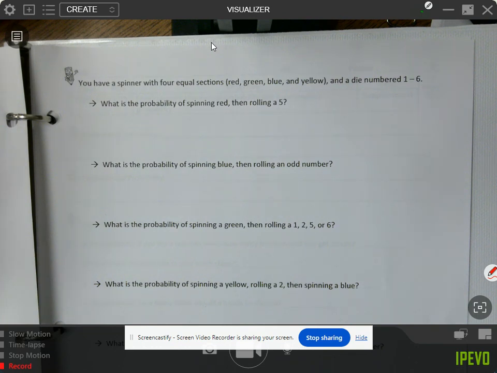How many events are happening right here? 2. What is the probability of spinning a red, and then rolling a 5? Was that you, Connor? What are my 2 events? Spinning a red and rolling a 5. So I have 2 events that I have happening. What is the probability of spinning a red?